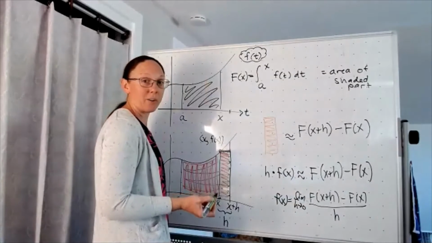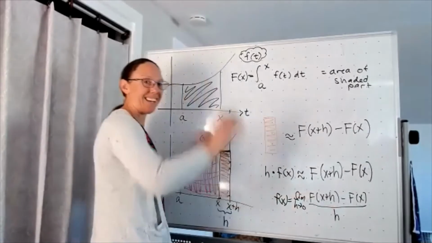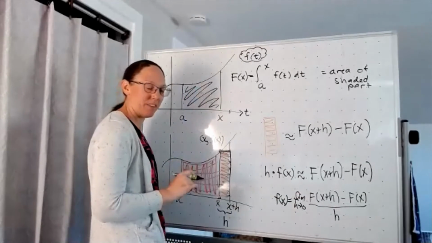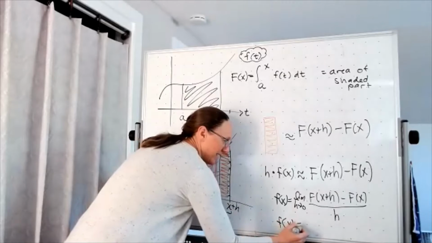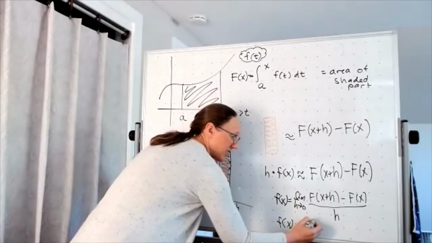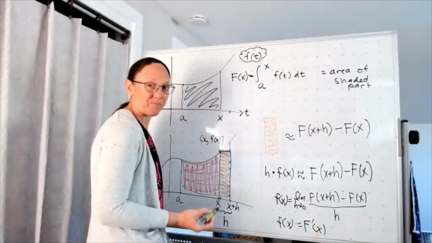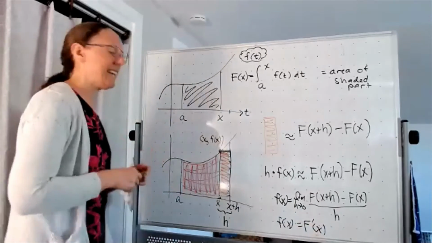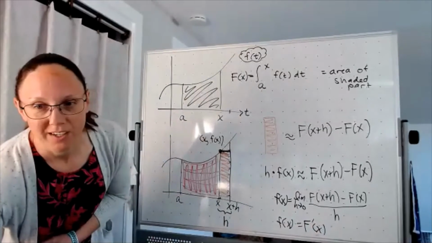And as you all might notice, this thing over here is somebody's derivative. So little f of x is equal to the derivative of our big F of x. And that right there is 1/2 of the fundamental theorem of calculus.